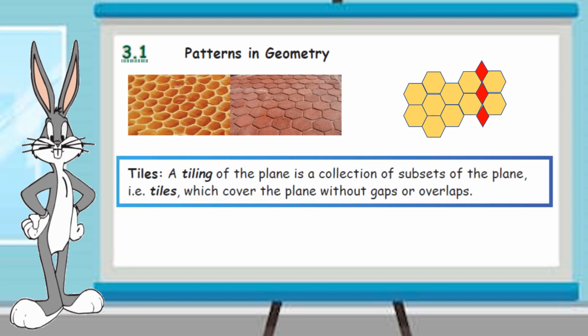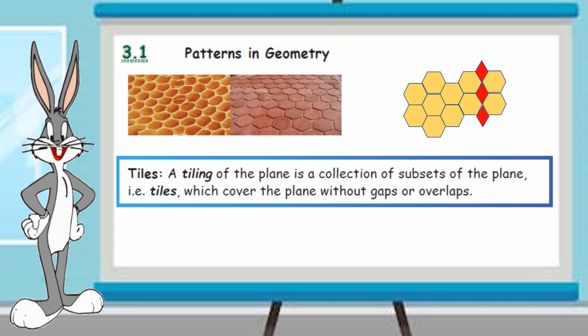So, tiles. A tiling of a plane is a collection of subsets of the plane, that is tiles, which cover the plane without gaps or overlap. What they are saying is, when we tile a plane surface area with proper shapes, that is, when we arrange tiles, there must not be a gap or overlap.